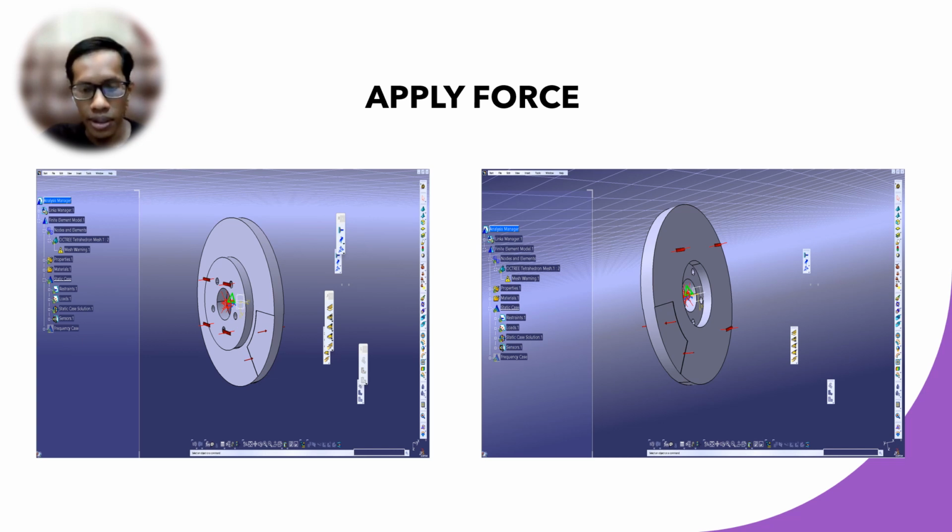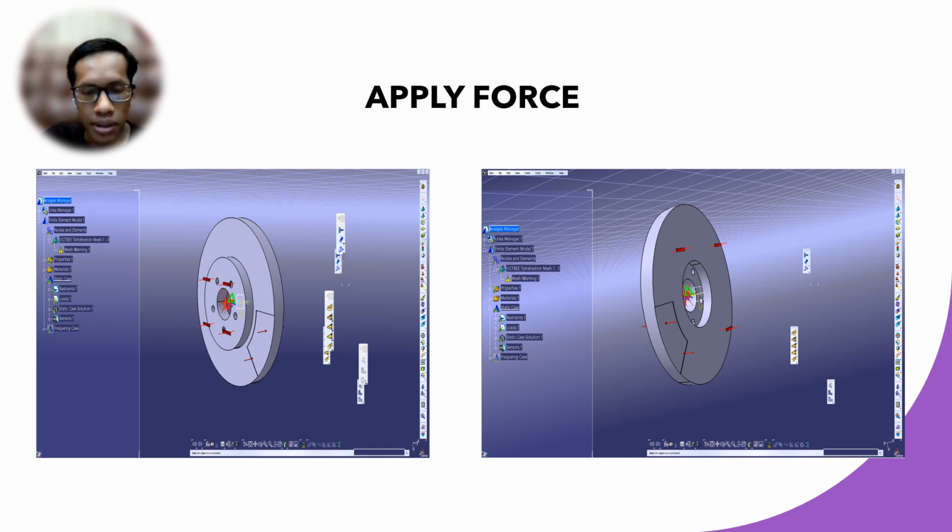Firstly, I would like to thank my two friends, who explained briefly about the design of the disc brake and the material that we apply, which is titanium. Then I would like to explain the force that we apply.